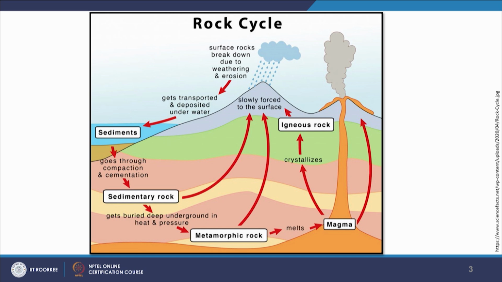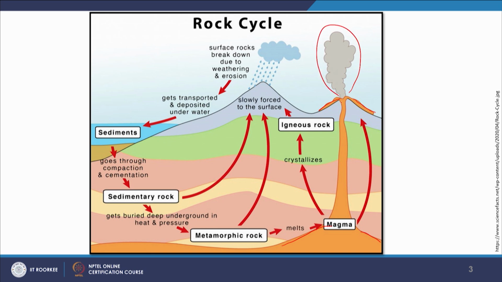You can start with the volcanic rocks. When volcanoes erupt, the magma comes from the bottom going up to the top and then flows on the surface. Some gases and smoke come out and go into the atmosphere.